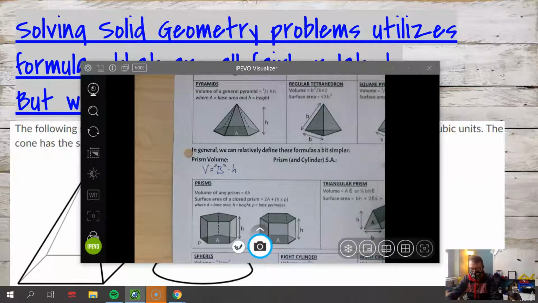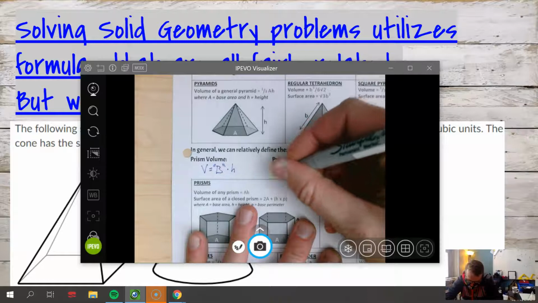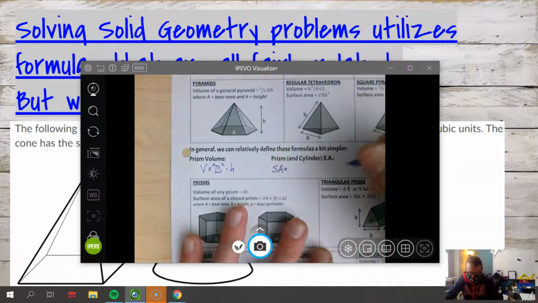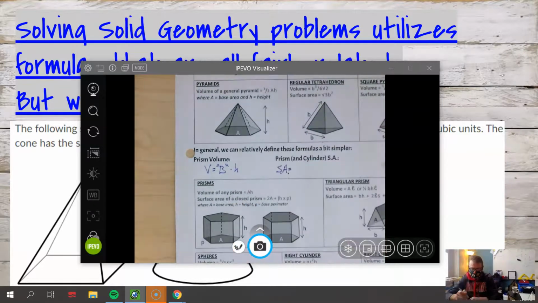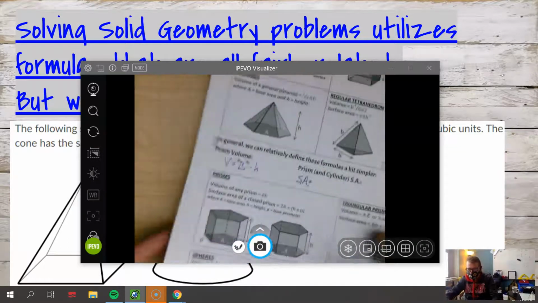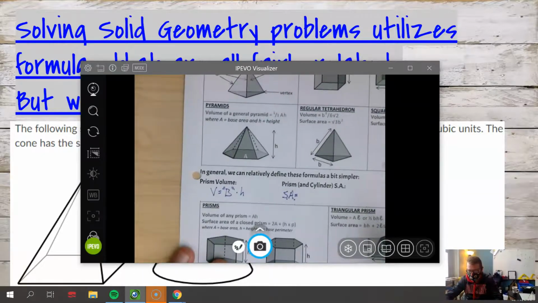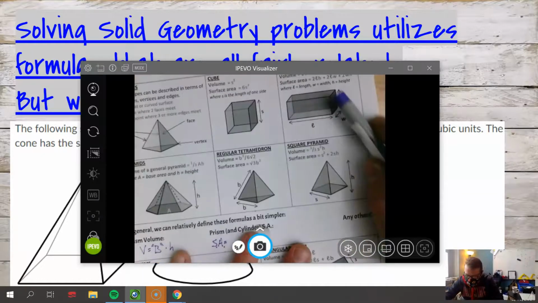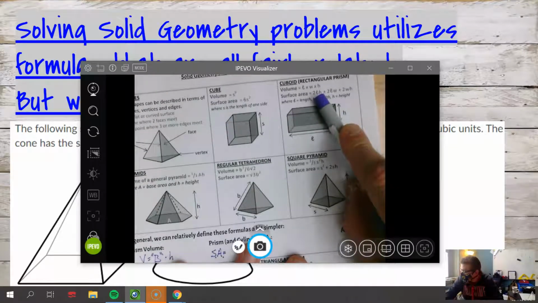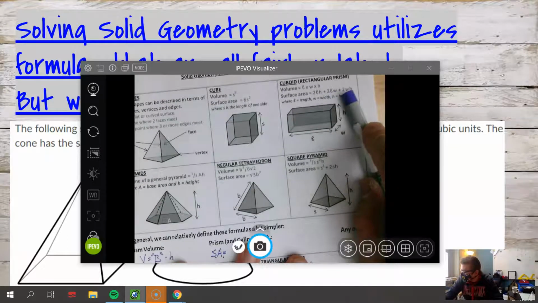Prism and cylinder surface area. So if we look at all the surface area formulas, we've got 2 of the front faces, 2 of the side faces, 2 of the top and bottom faces.